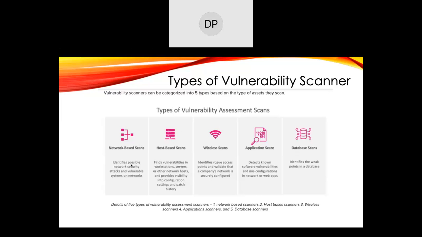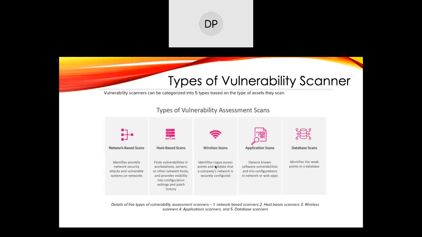Network-based scanners identify possible network security attacks and vulnerable systems on a network. Host-based scanners find vulnerabilities in workstations, servers, or other network hosts and provide visibility into configuration settings and patch history.